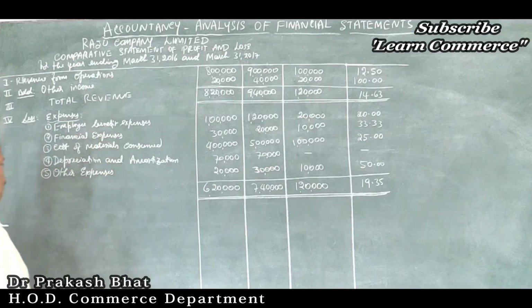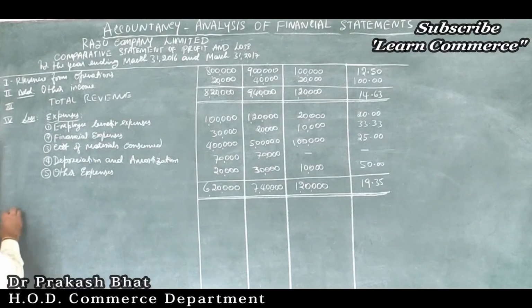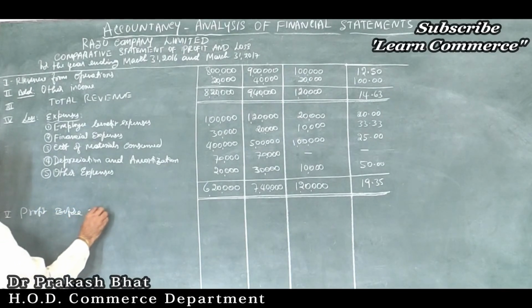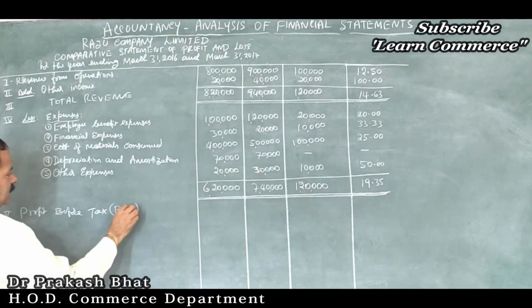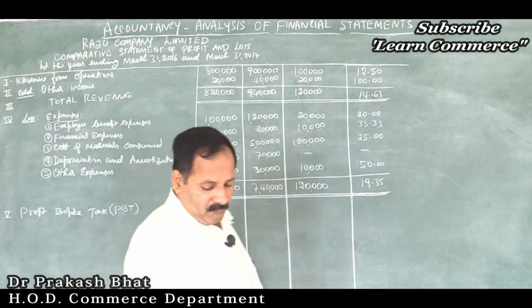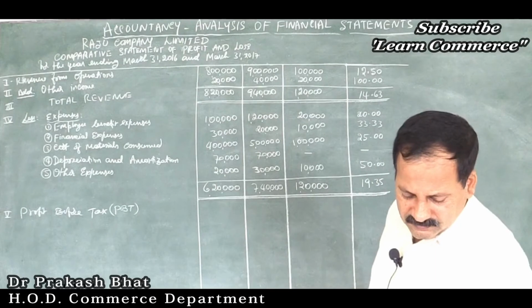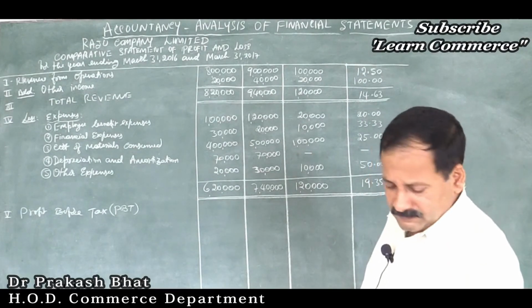Now, right here, profit before tax. Next one is point 5, profit before tax, that is PBT. How much is it? PBT, it was given in the problem, wasn't it?